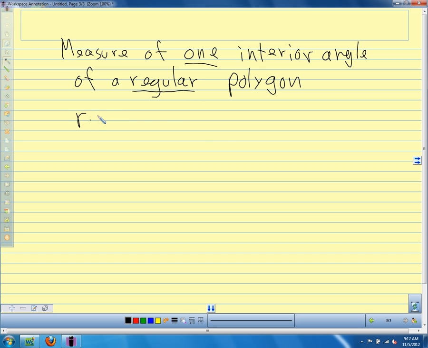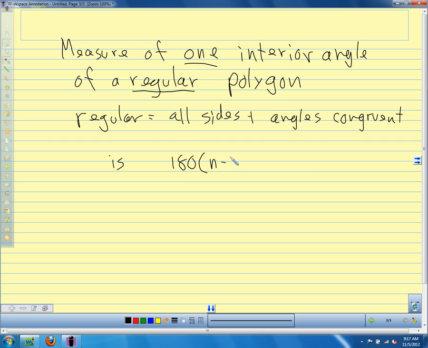And regular equals all sides plus angles congruent. So the measure of one interior angle of a regular polygon is 180 times n minus 2, that's all of them added together, divided by n, divided by the number of sides, where n equals number of sides.